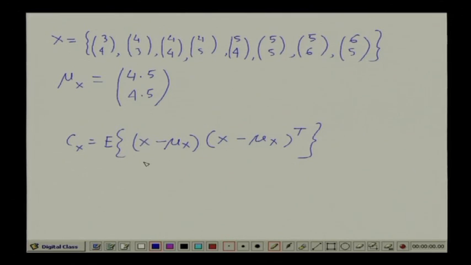So, finding x minus mu x into x minus mu x transpose for all the vectors x and taking the average gives us the covariance matrix C x.